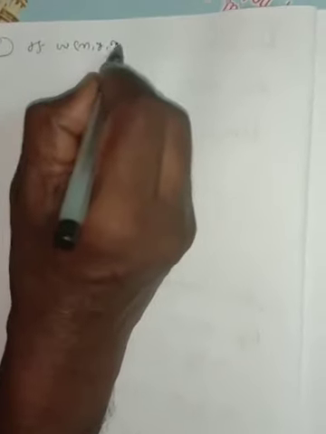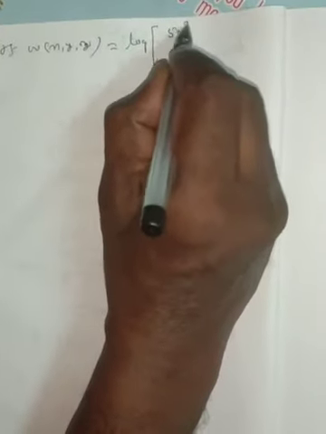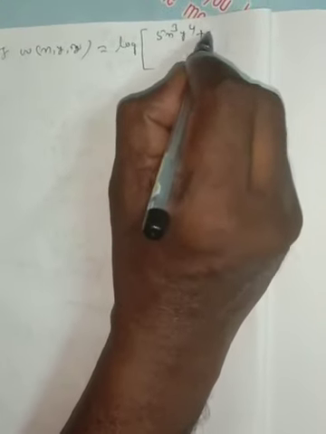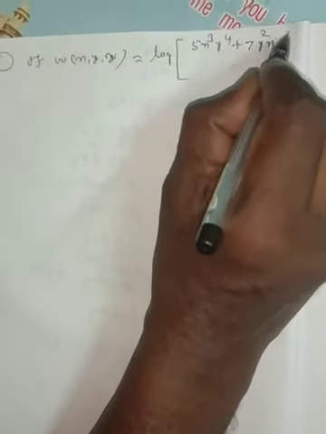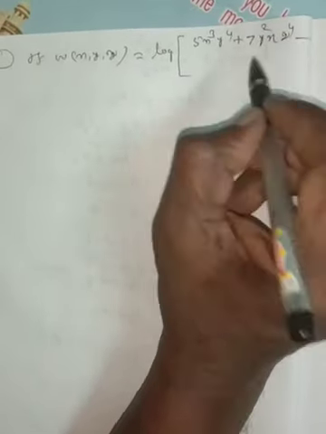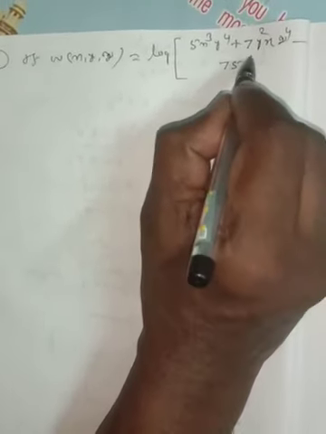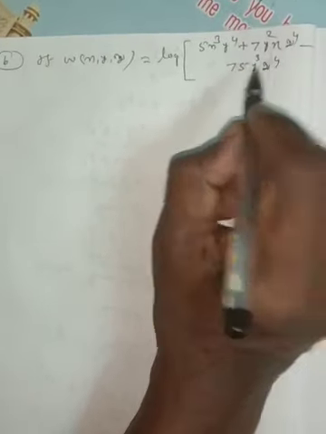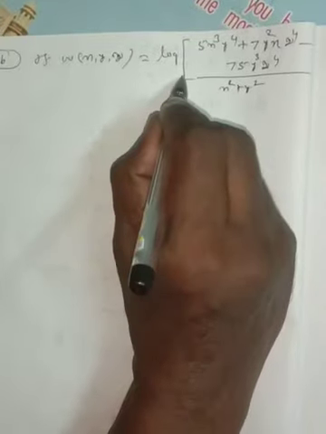w of x y z is equal to log of y x power 3 y power 4 plus 7 y square x z power 4 minus 75 y power 3 z power 4, whole divided by x square plus y square.